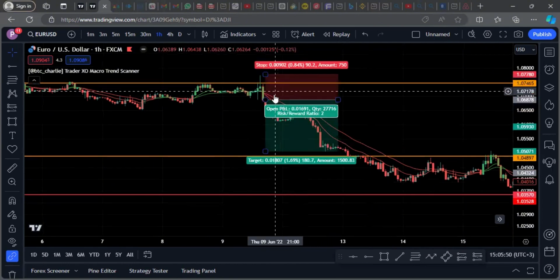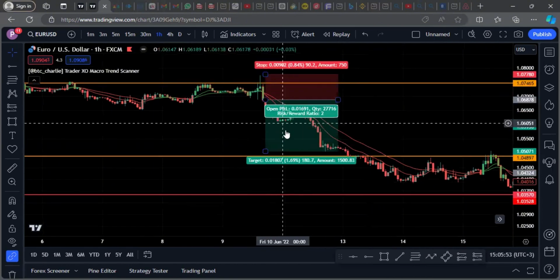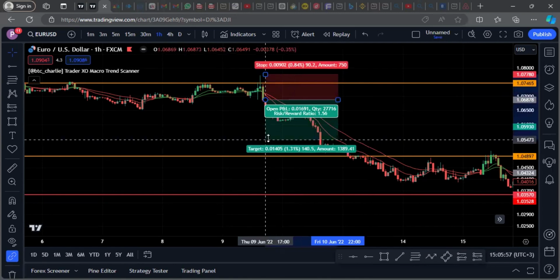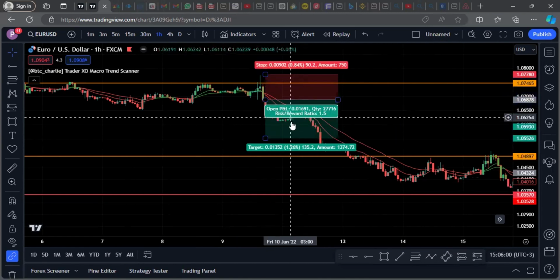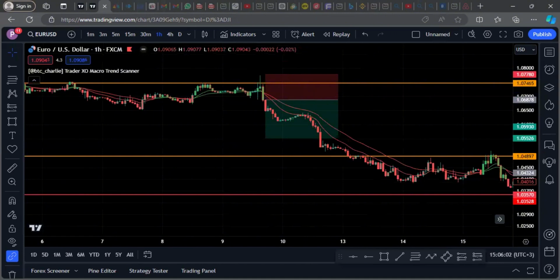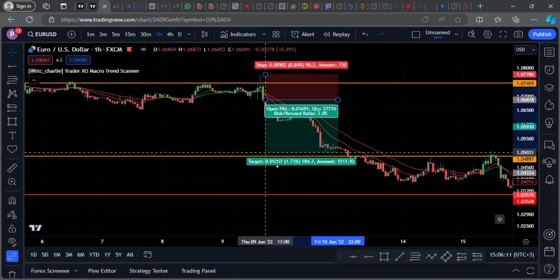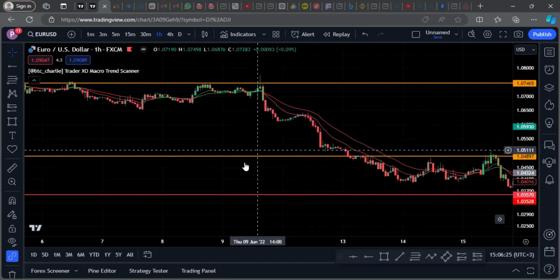So if your risk reward ratio is 1:2, then you could still make money, or 1:1.5. When the price reaches here, you'll still be in profit. If you see that the market is moving in your direction, just trail your stop loss and hold on to the trade. This was for the entries.